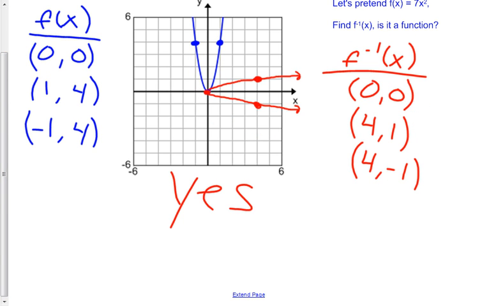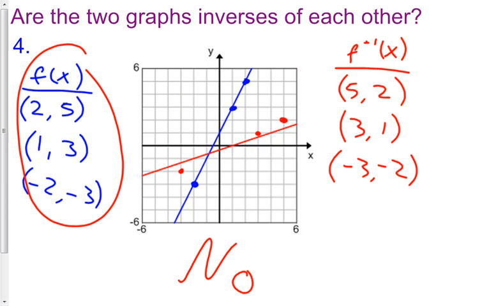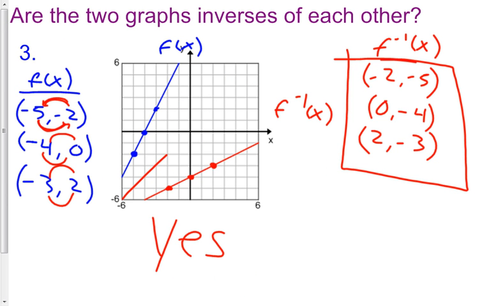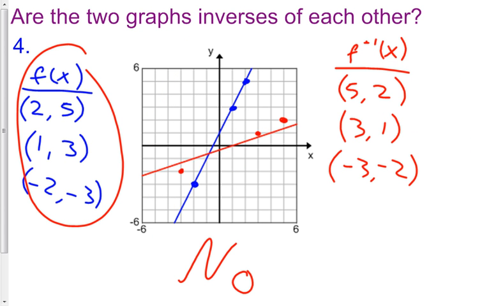And obviously another way of checking if they're inverses is just sketch the line y equals x and just see with your eyes, yep, it looks like they're inverses of each other. This one, yep, it looks like they're inverses of each other. However, that doesn't work in every case, because if you would have drawn the line y equals x here, they might look like they are inverses of each other because they are very close.